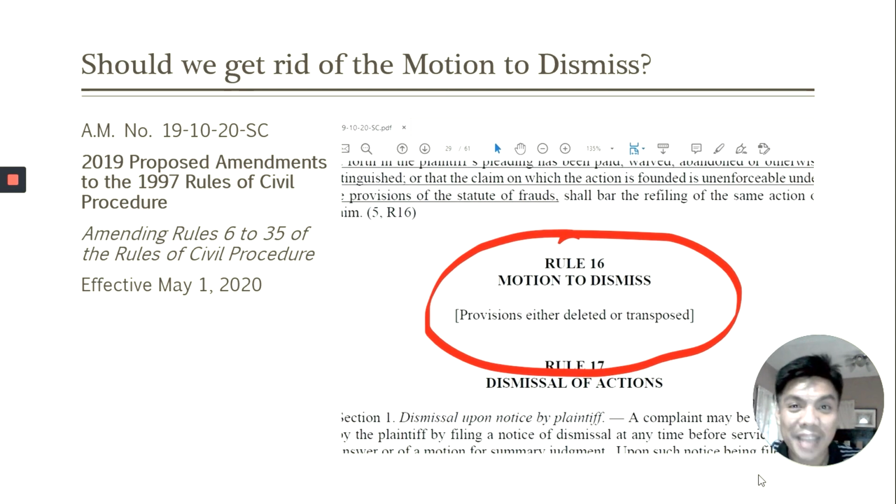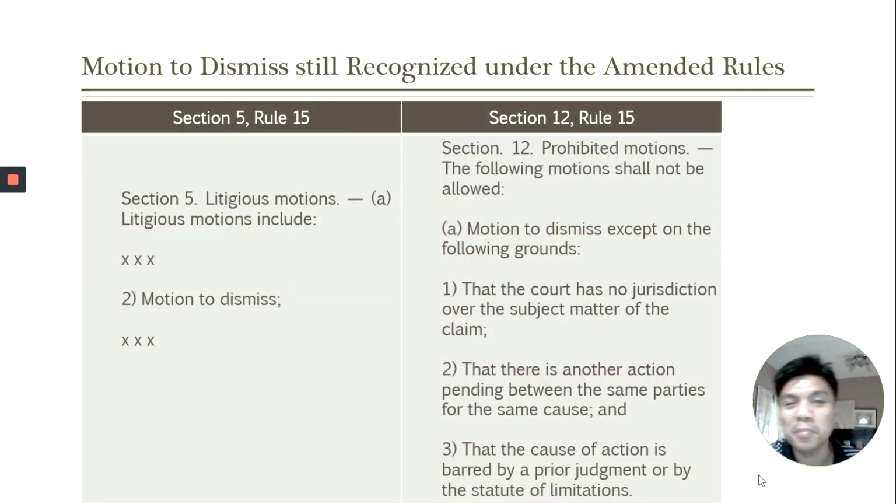So what happened to the motion to dismiss? Well, the motion to dismiss is still recognized under the amended rules, particularly Section 5, Rule 15, and Section 12, Rule 15. Rule 15, by the way, is the rule on motions. So Section 5, Rule 15 provides the litigious motions, and litigious motions include a motion to dismiss.